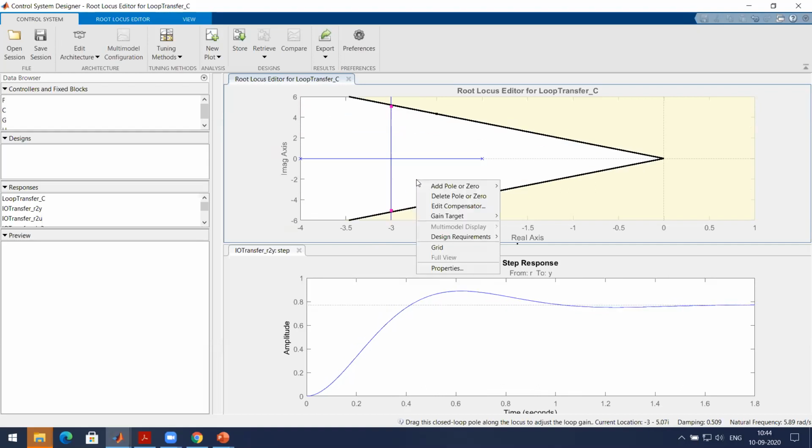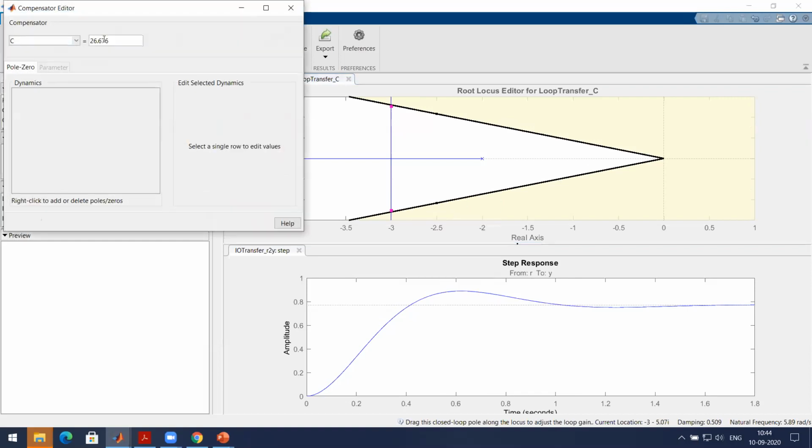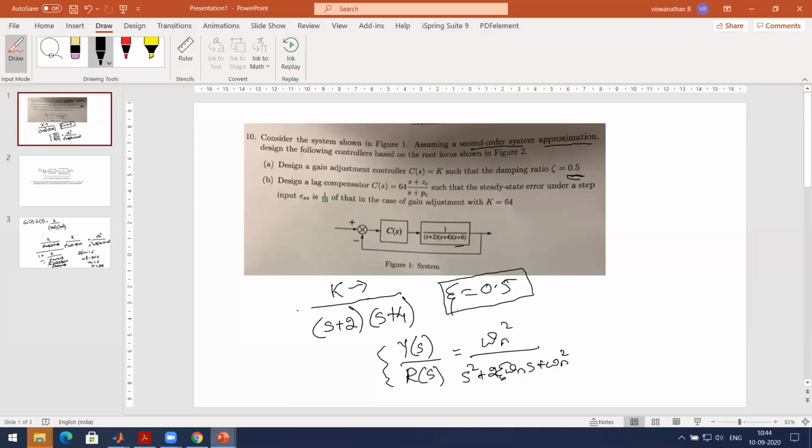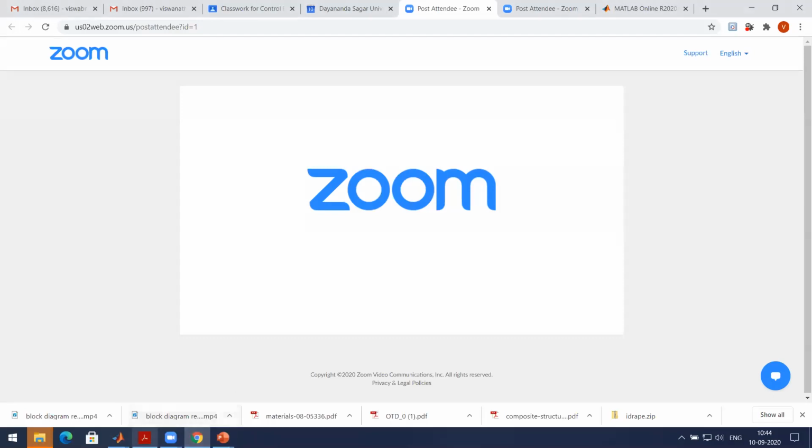And then right click and say edit compensator. What was the value you got? K? 28, sir. 28, okay.